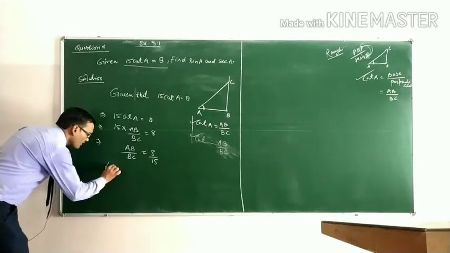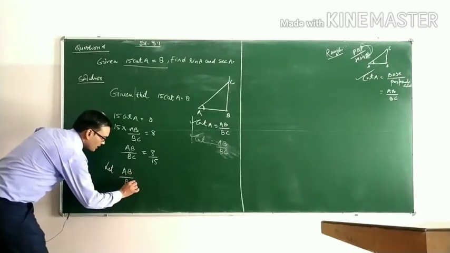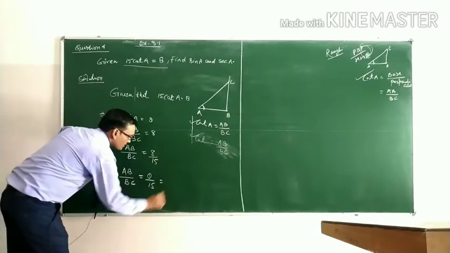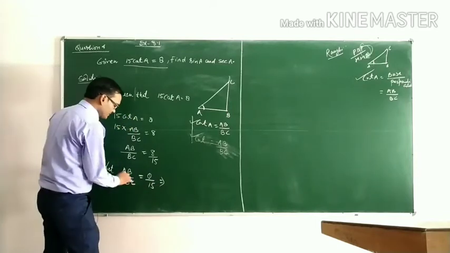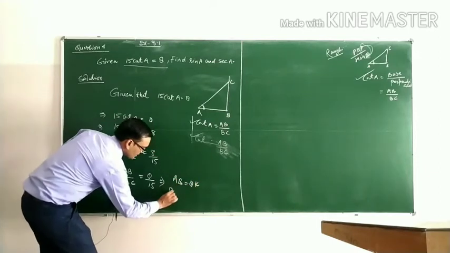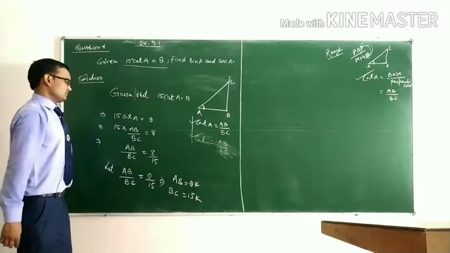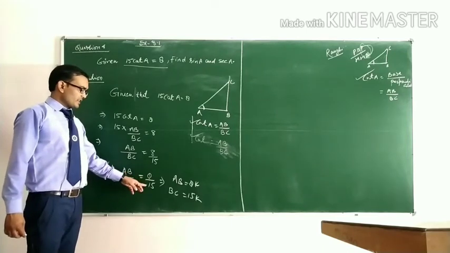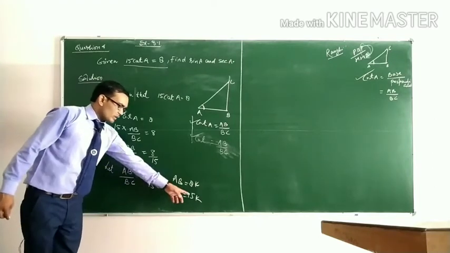Let AB by BC be equal to 8 by 15. Then we consider AB equal to 8K and BC equal to 15K, where K is a positive number.